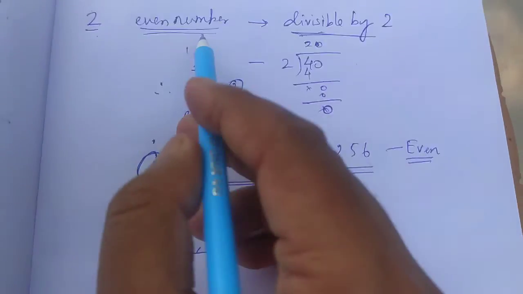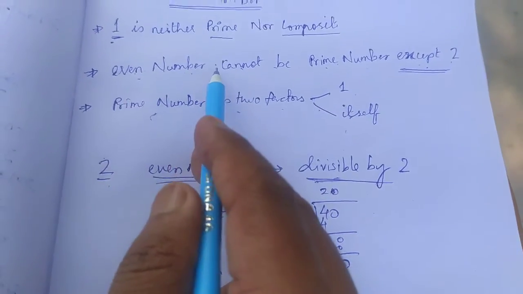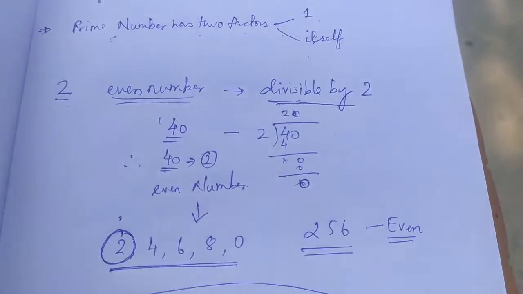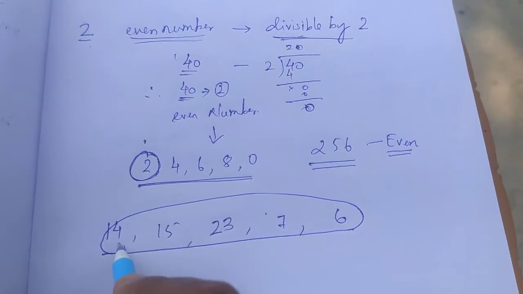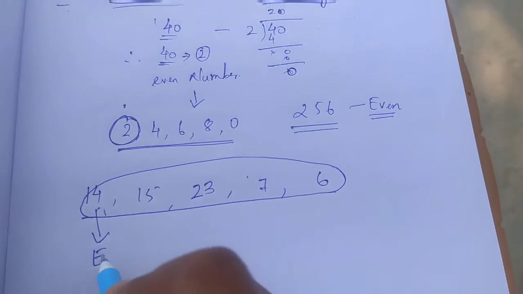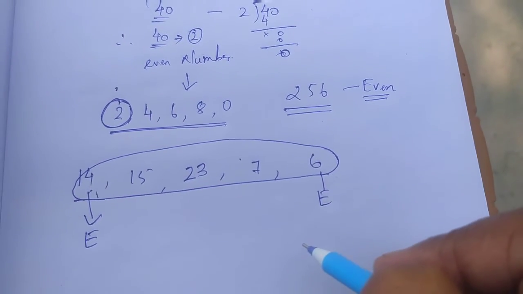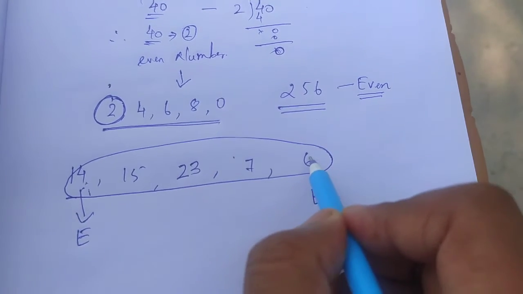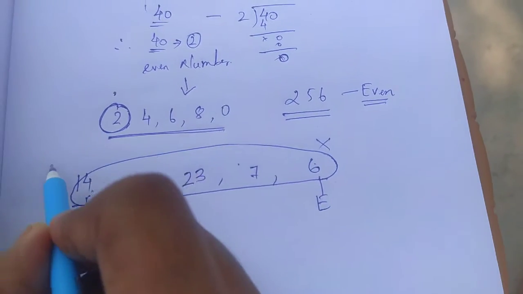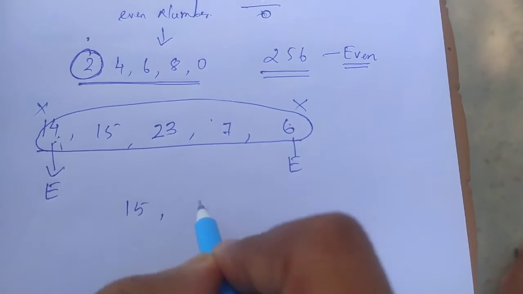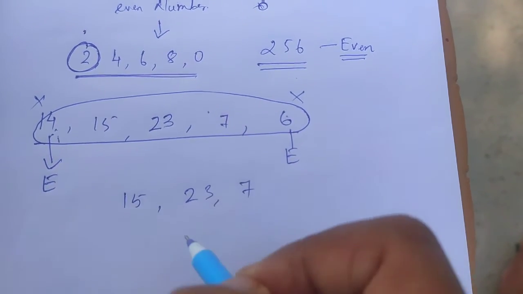What I said is that an even number cannot be a prime number except 2. 14 is an even number, 6 is an even number. So 14 and 6 cannot be prime, and we can cut these two numbers. The remaining numbers we have are 15, 23 and 7.